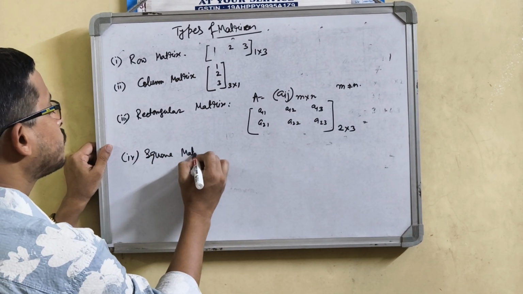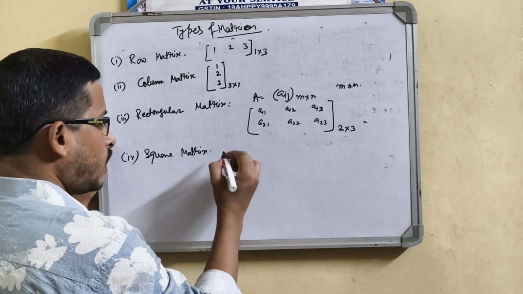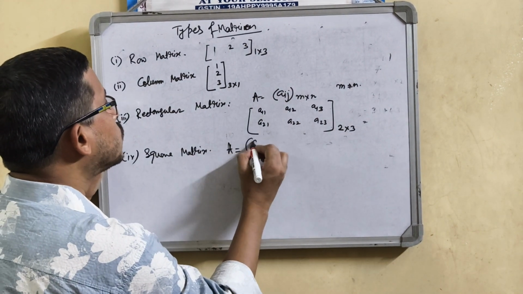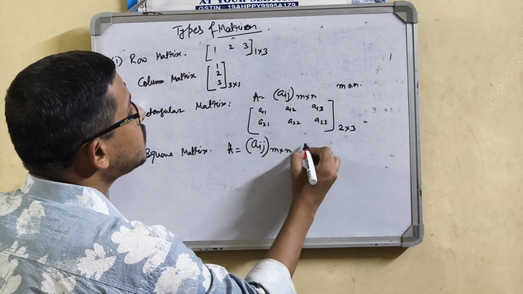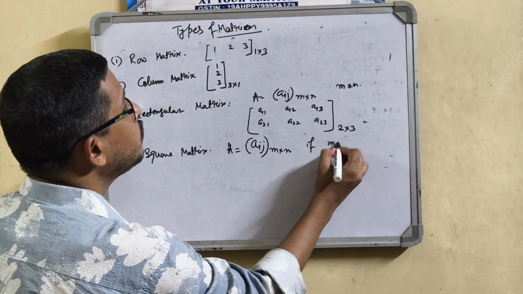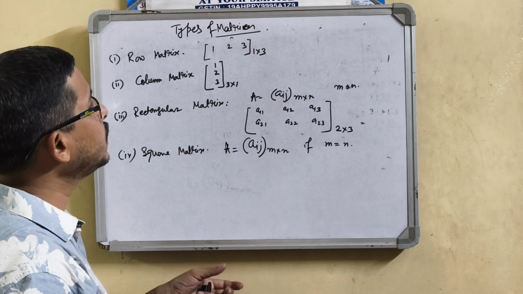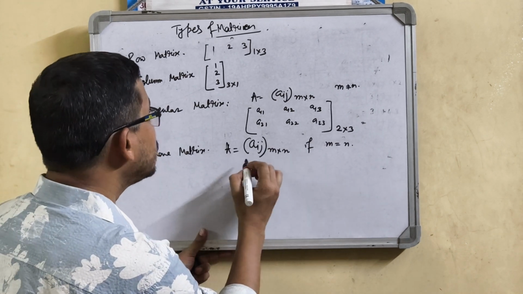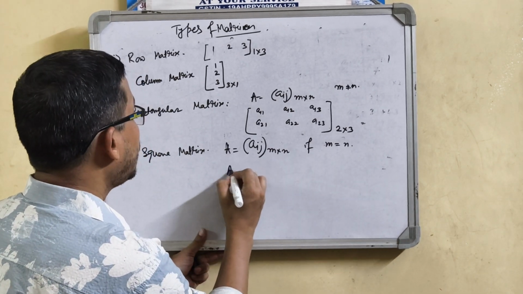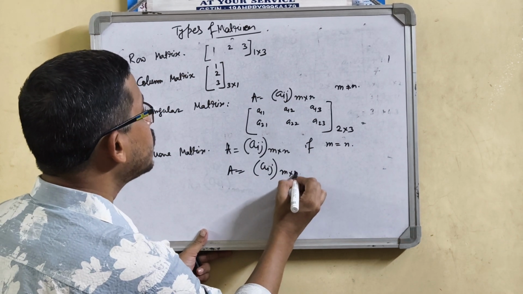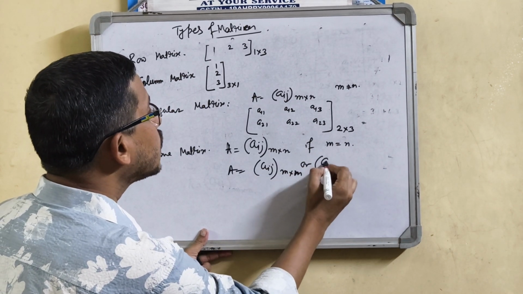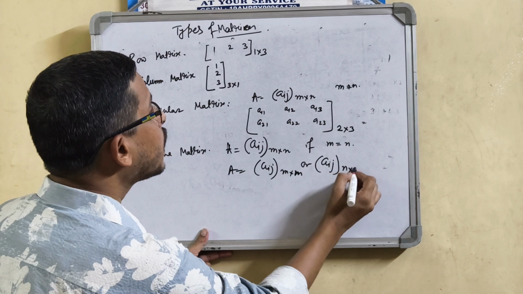And the fourth is the square matrix. What is a square matrix? Say A equal to aij of m by n is said to be a square matrix if m is equal to n. That means A is aij where m by m, or aij where n by n.